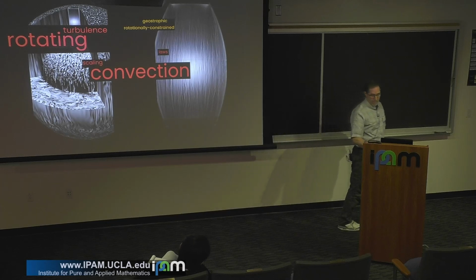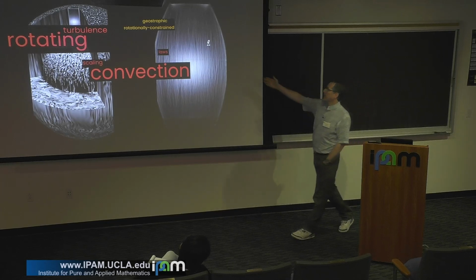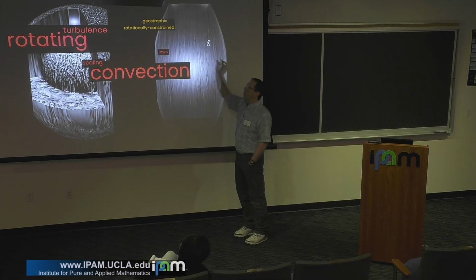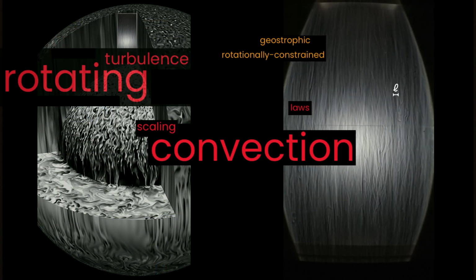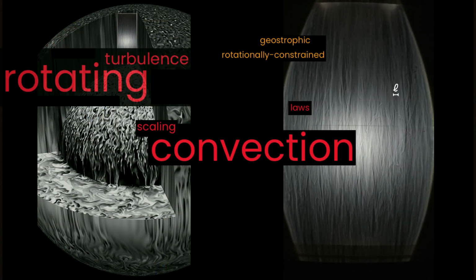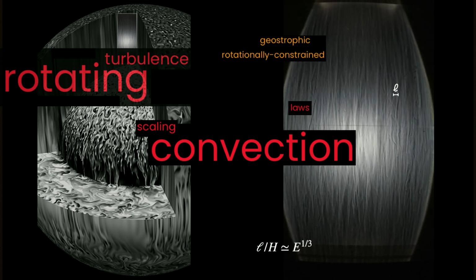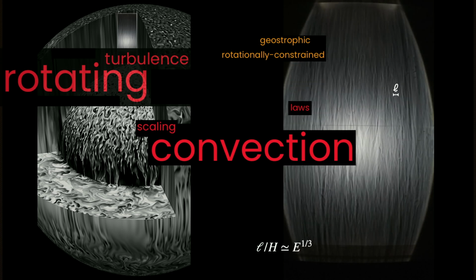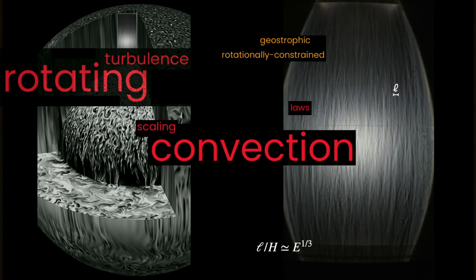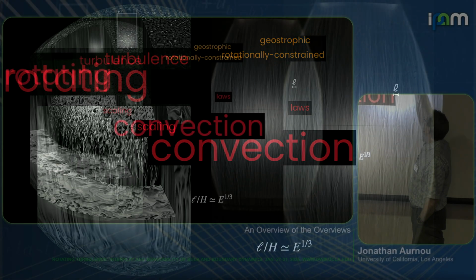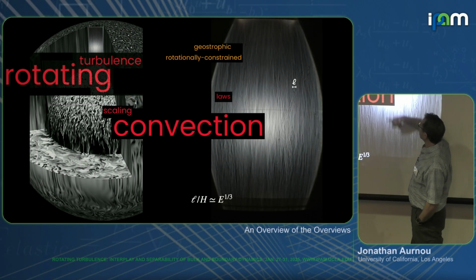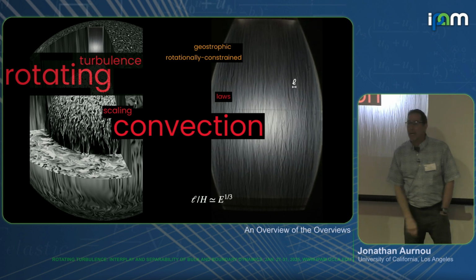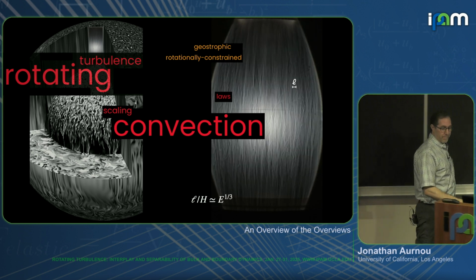For instance, amongst others, when I look at this, I immediately start getting really interested in what's the horizontal length scale. And so surely we'll have a lot of discussion. One end-member argument is near the onset of convection. The horizontal scale versus the vertical scale h should scale as Ekman number to the 1/3.